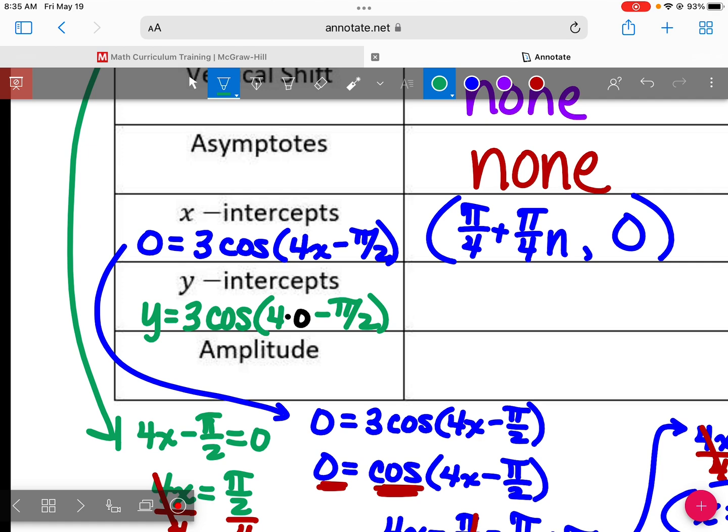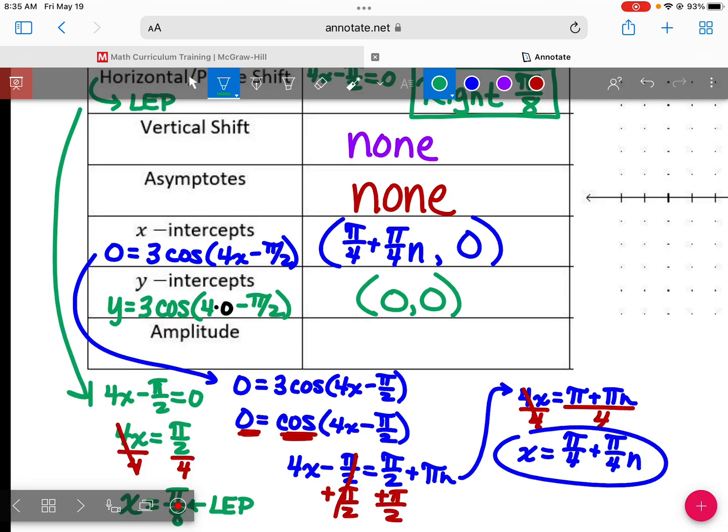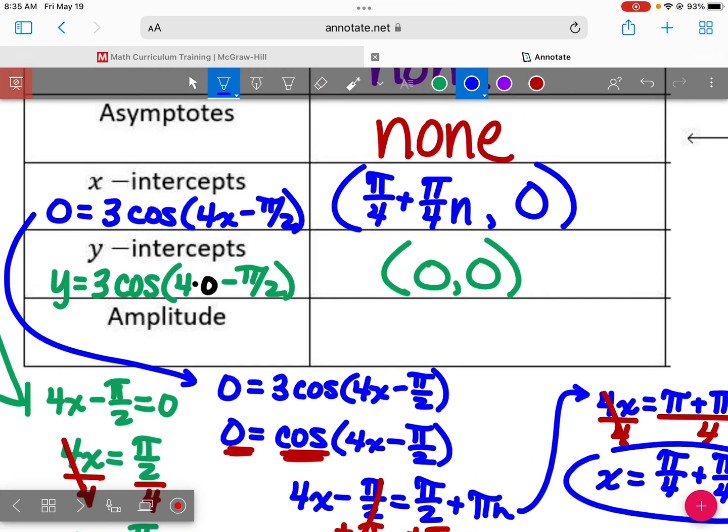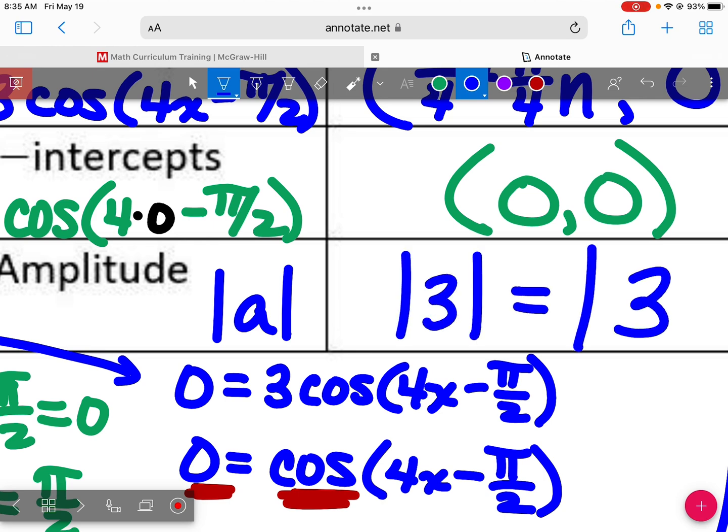So cosine of negative pi over 2, which is 0, 3 times 0. So I have a y-intercept of 0, 0. Last piece here, what's my amplitude? 3. Absolute value of A. So we have an amplitude of 3.